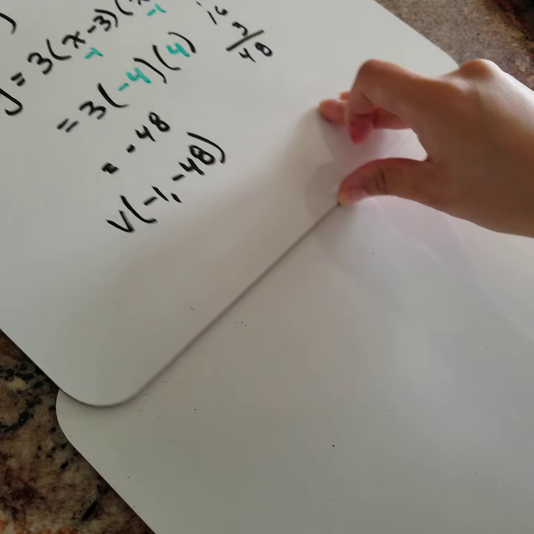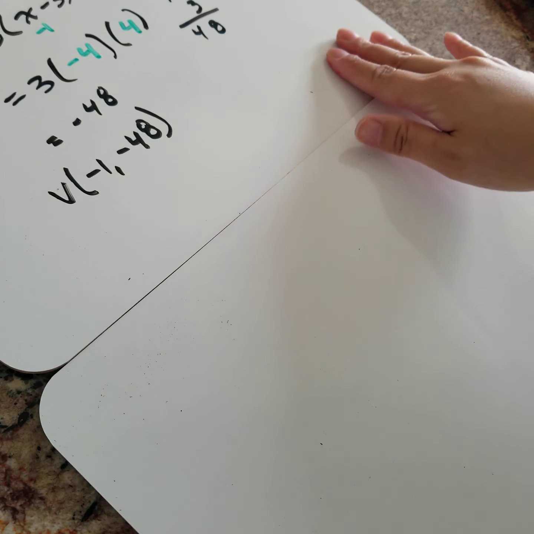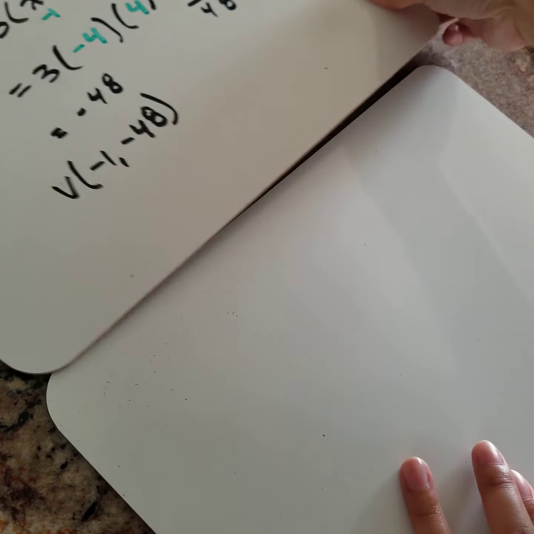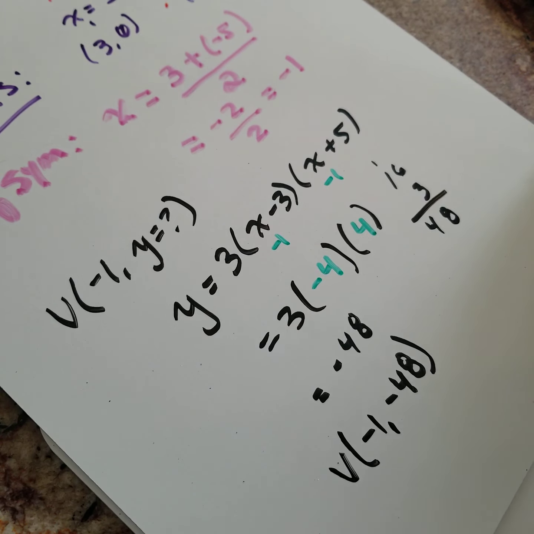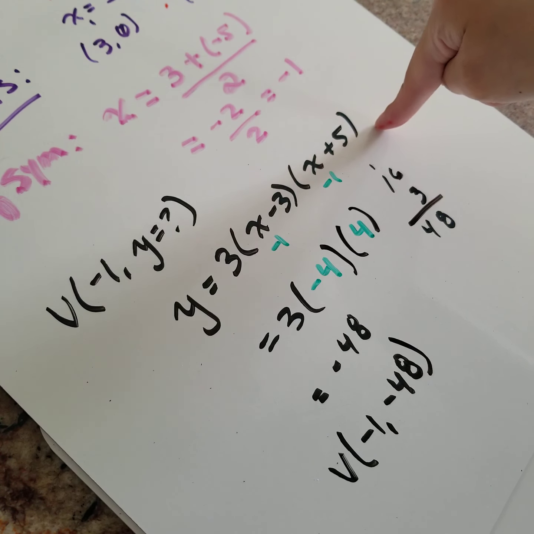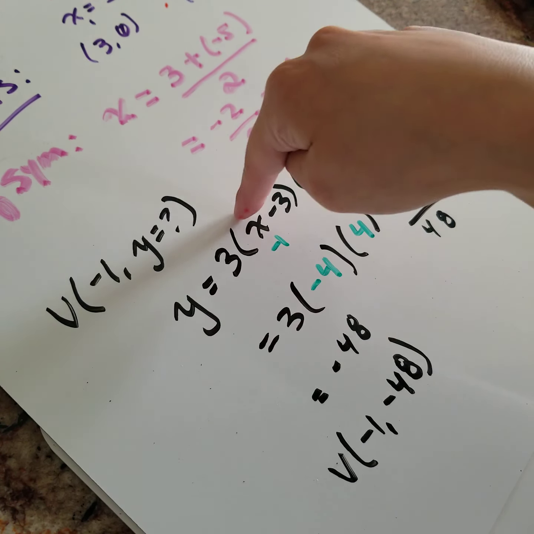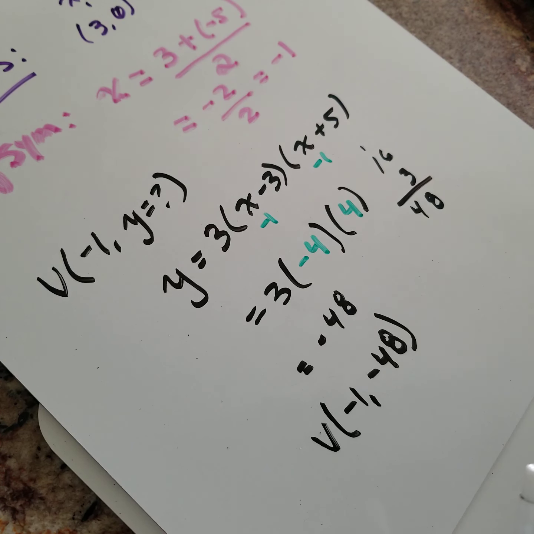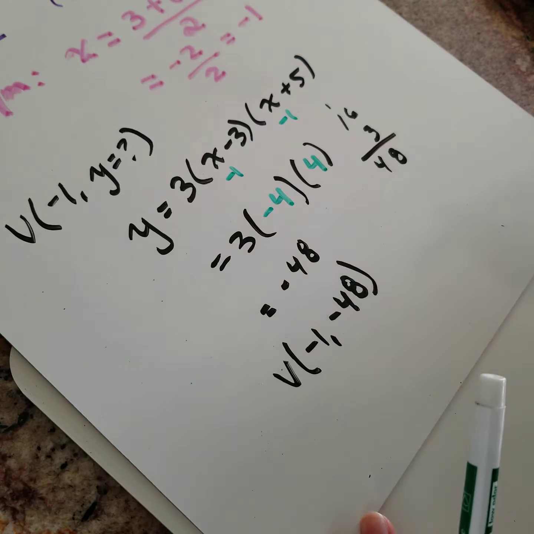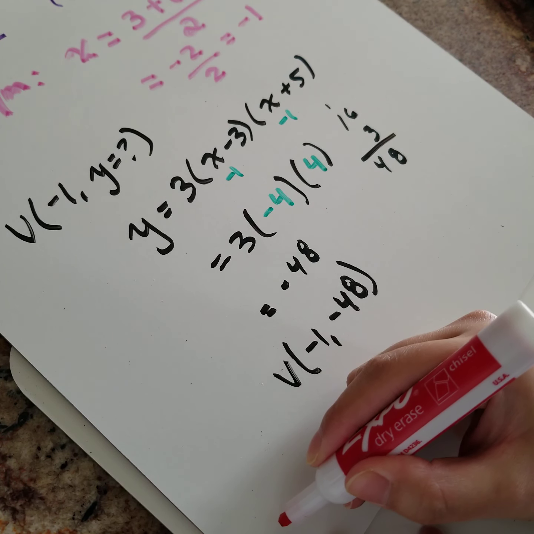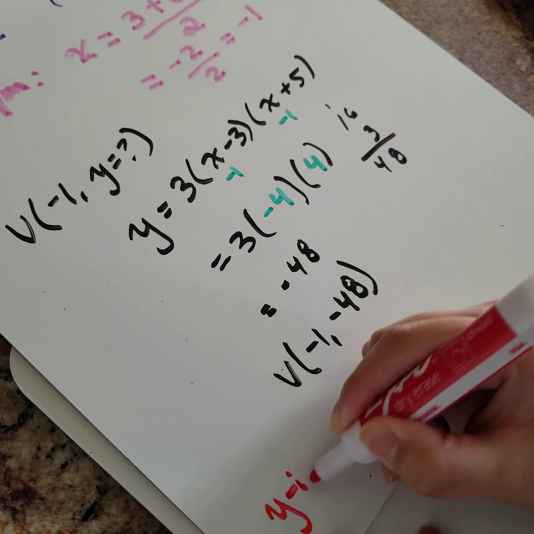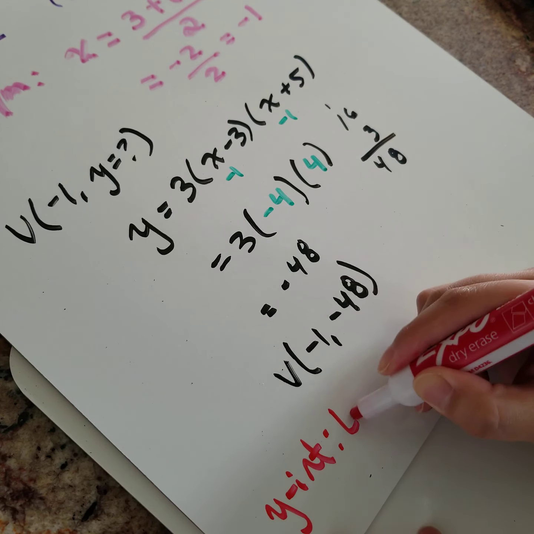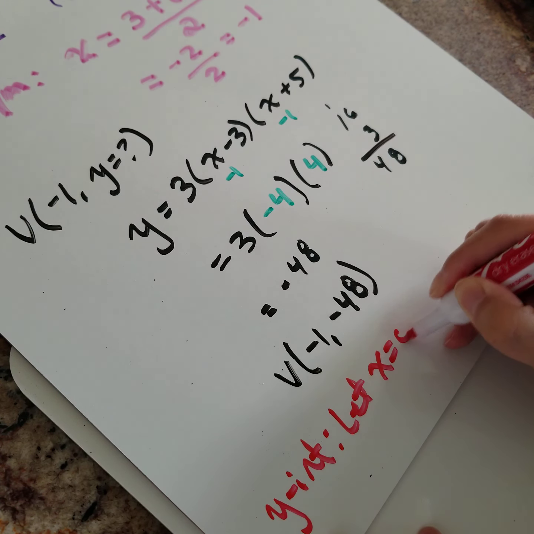in my second board here. So if I wanted to find my y-intercept, let's rewrite the equation. I would rewrite this equation, and instead we're going to say let x is equal to 0 over here. So actually, let me just write it down here because I have a little bit of room. So if I want the y-intercept, I'm going to say let x is equal to 0.